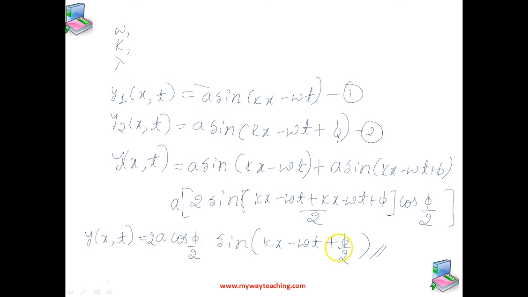So this is also a harmonic traveling wave in the positive direction of the x-axis with the same frequency and wavelength, but the initial phase angle is phi/2.